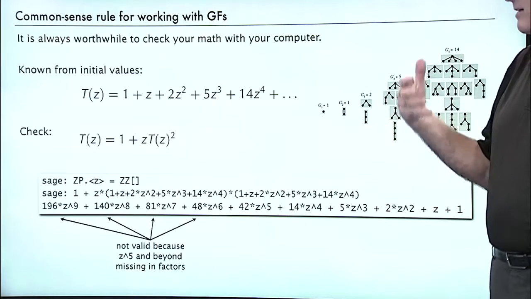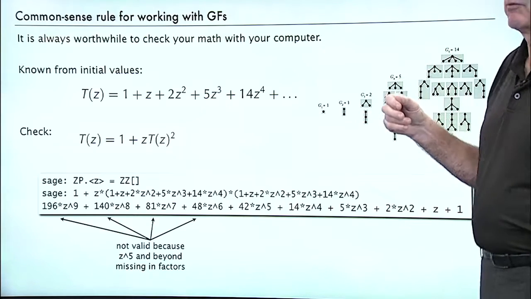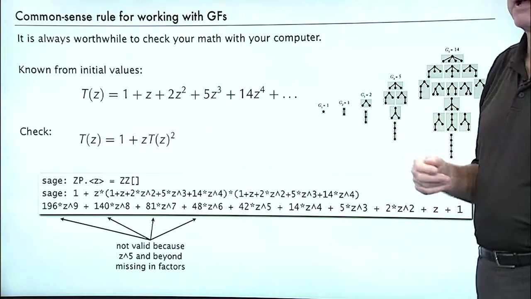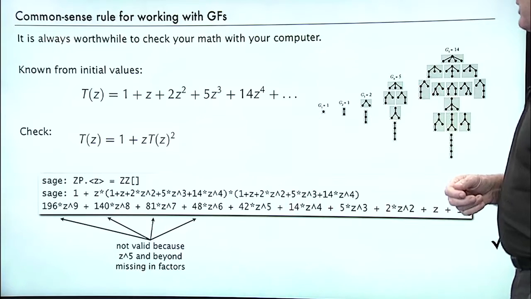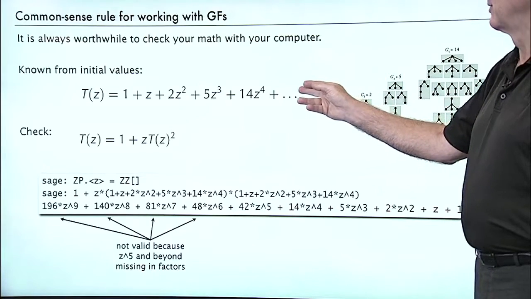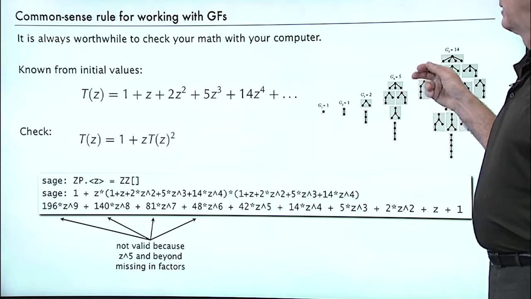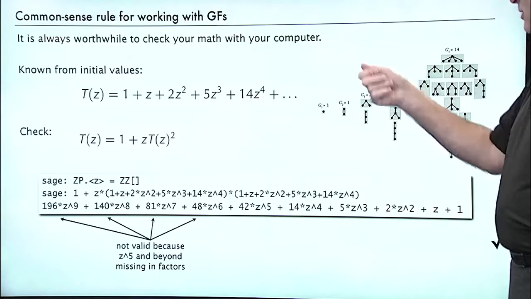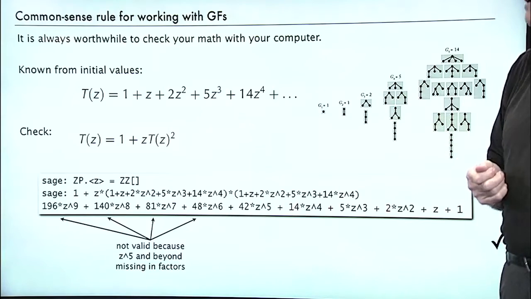Now, a common sense rule for working with generating functions that I want to point out, and again, it's always worthwhile to check your math with your computer, and that includes symbolic calculations like this one. You know the initial values of t of z. We did the examples, so we know that it starts out being 1 plus z plus 2z squared plus 5z cubed plus 14z fourth.